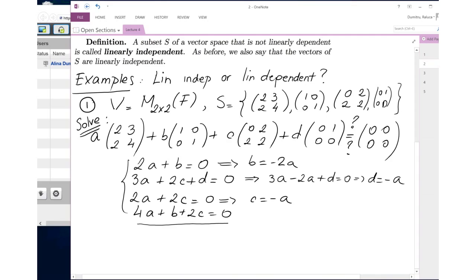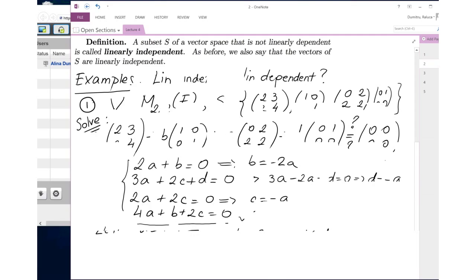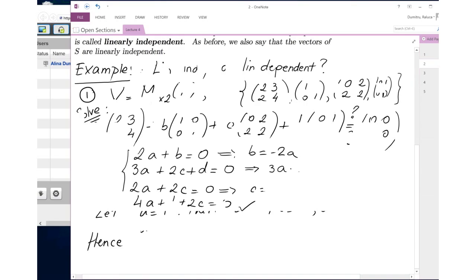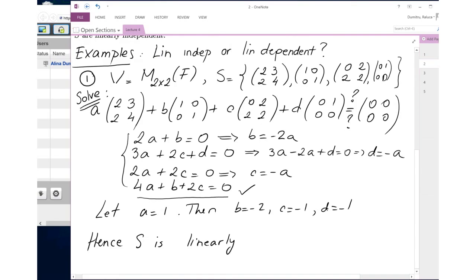Let's say a equals -1, b is -1. So there is a combination, one of those is equal to the 0 matrix. It has a non-zero solution. Dependent.